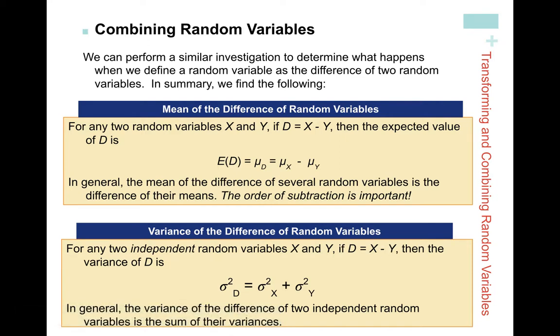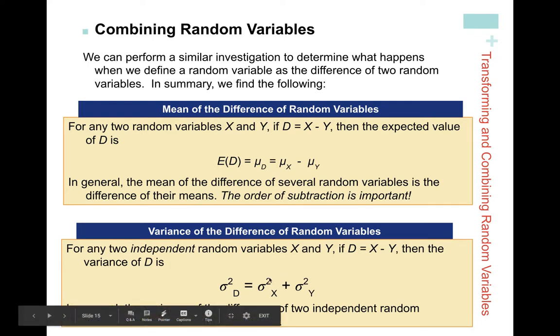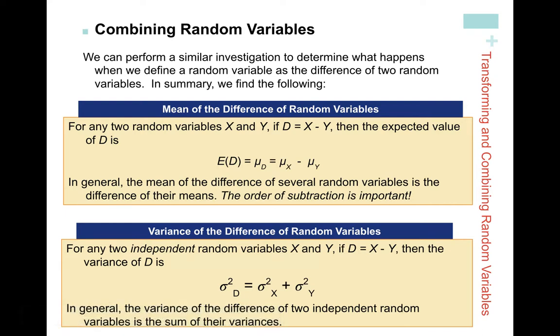And why is that? Well, just think about the concept of combining two random variables. You're taking all the variability of X and all the variability of Y. So when you combine two random variables, you're getting a third random variable that has more variability, not less, more.